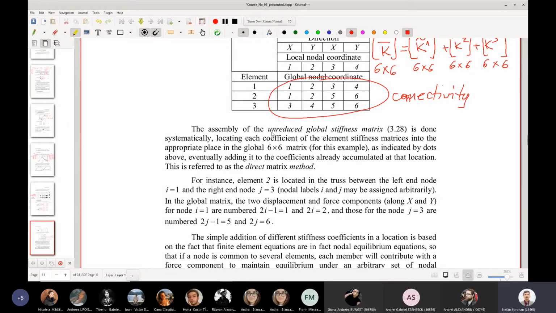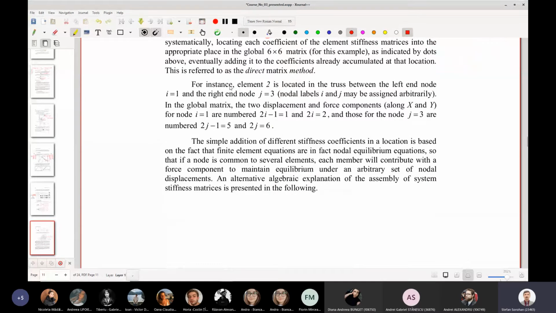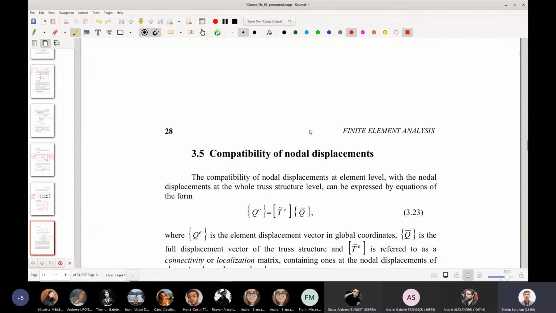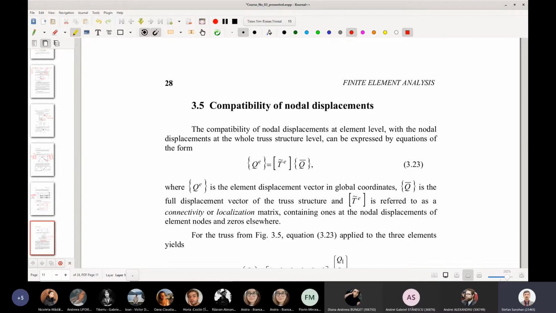Later you will see all of what I told you written. If you want a rigorously demonstrated form of this direct stiffness method, you must introduce a new matrix, which is called the connectivity localization matrix.